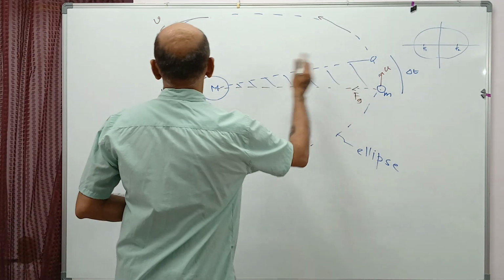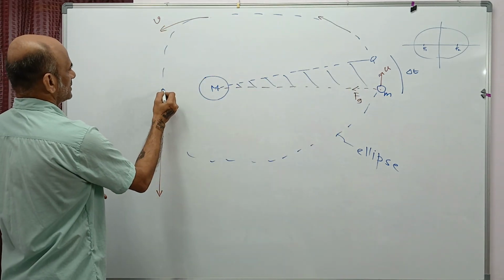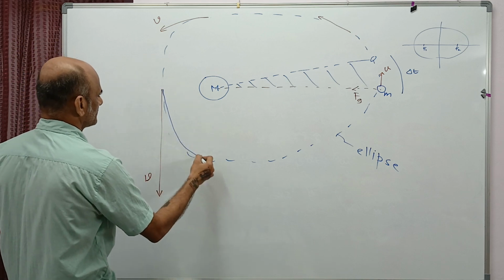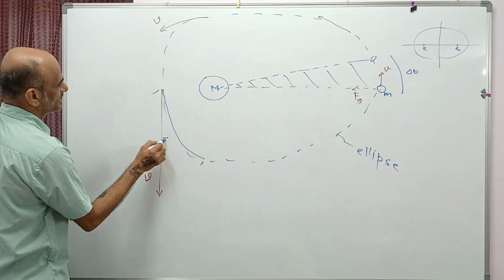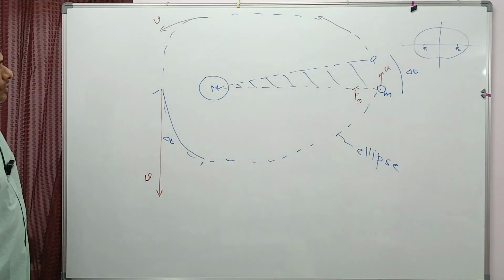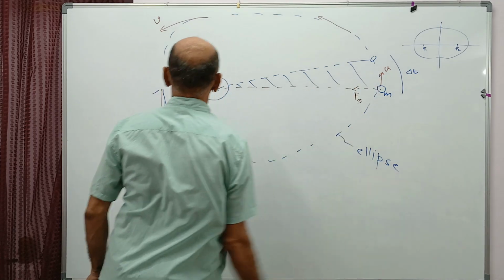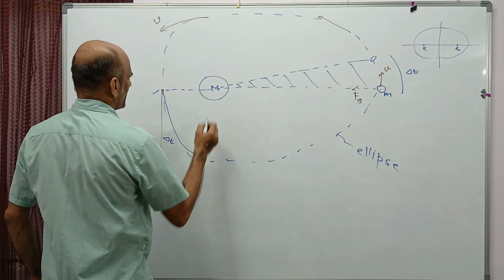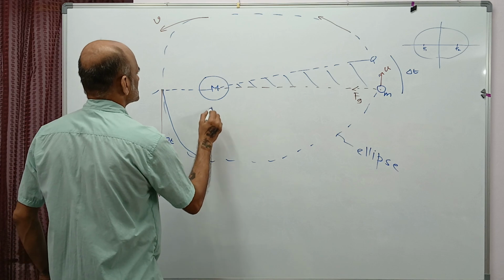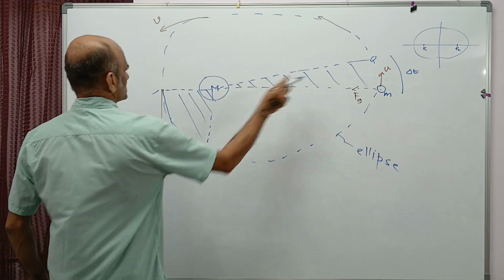If you take the same delta t time here, when it's nearby, it will cover a much farther distance. So this is the arc length covered in the time delta t. You can expect it to be like this because here the velocity is more, here the velocity is less, such that the area swept by the planet about the Sun, this area, is the same as this area.